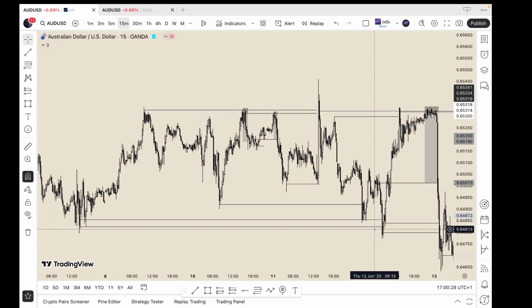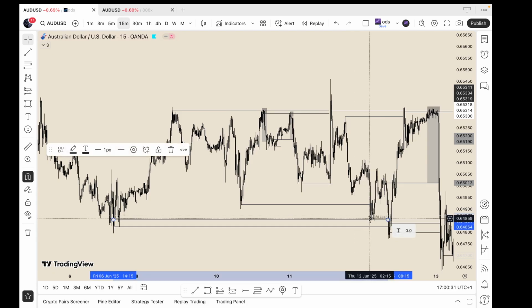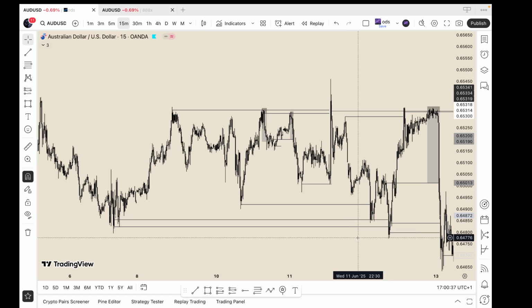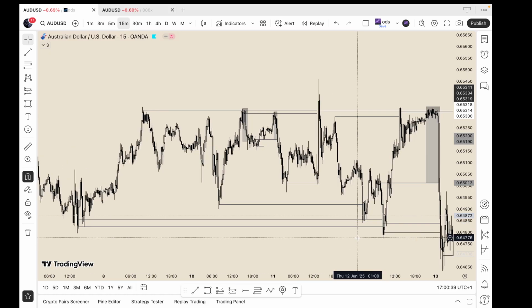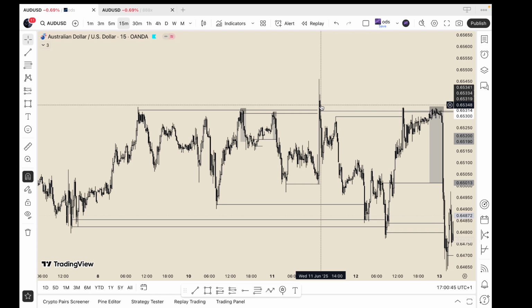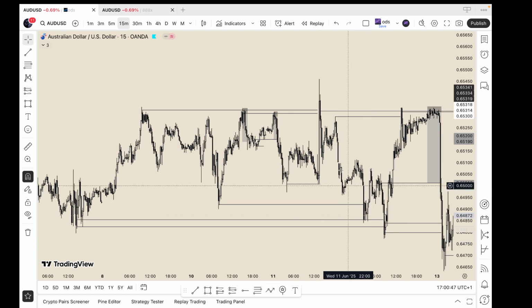You can then see that this is the level of support. This is the level that I did not want to get broken. And if it was broken, that would indicate that support has been broken, and I can, with confidence, look for shorts again from the peak of this newly made range.